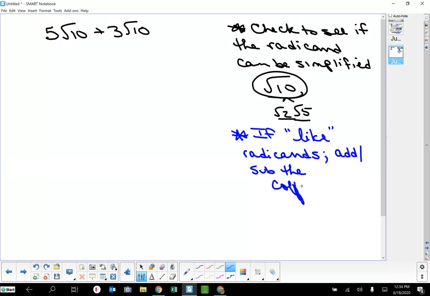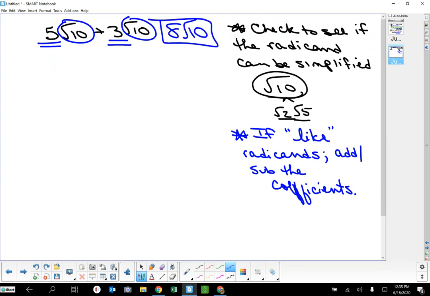Here we would just add together the 5 and the 3, and we keep the radical part, and the answer to this would be 8 radical 10. Okay? Super straightforward if they're like terms.